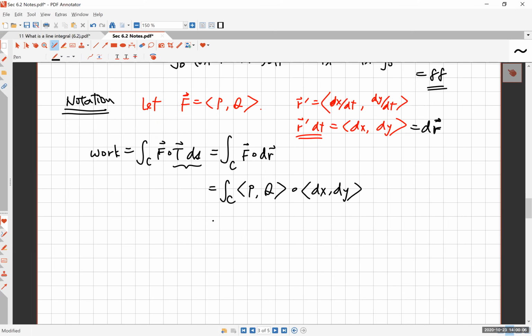So this can be written as (dx, dy). And I'm not a big fan of this expression, but people use this all the time. Many times it's written as P dx plus Q dy because that's what you do when you add these. And by the way, remember here, dt disappears. dt is already included in this expression. So no longer ds or dt is here. There's nothing at the end of this. And so it's okay to write the work integral as the integral of P dx plus Q dy.